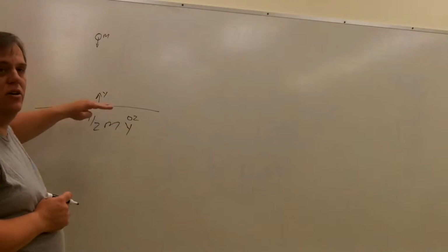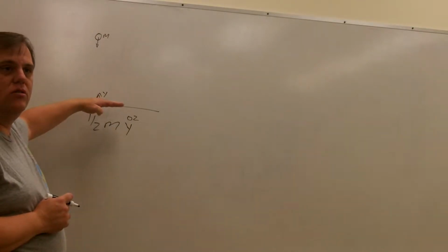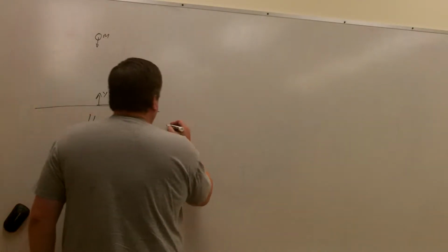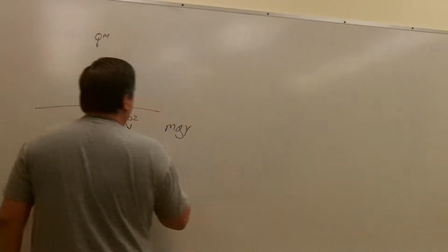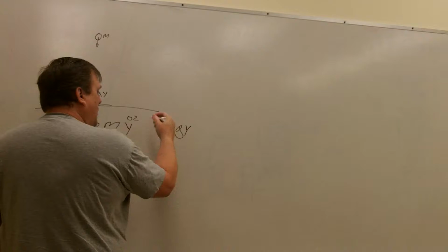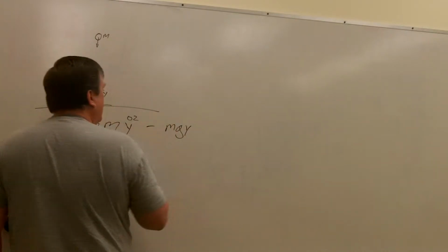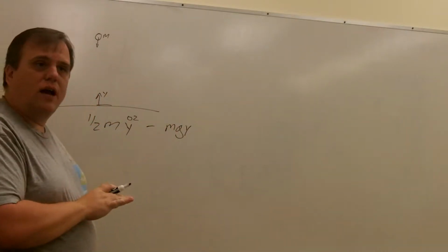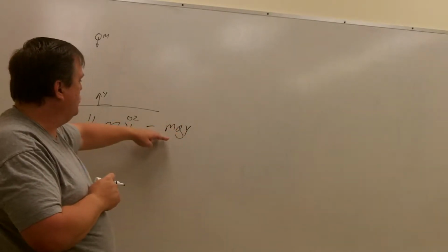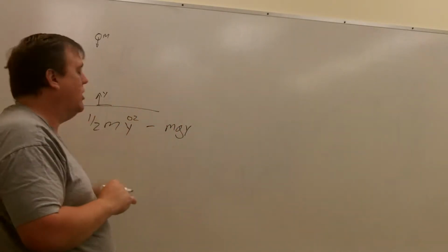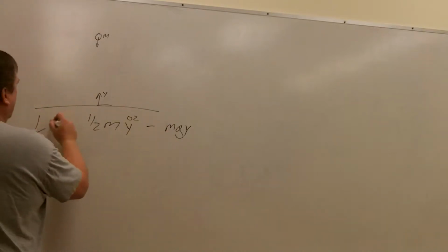Assume that this is my 0 point right here. It's mgy. So that's my potential energy. So I've got my kinetic and my potential energy, and away we go. We've got our Lagrangian.